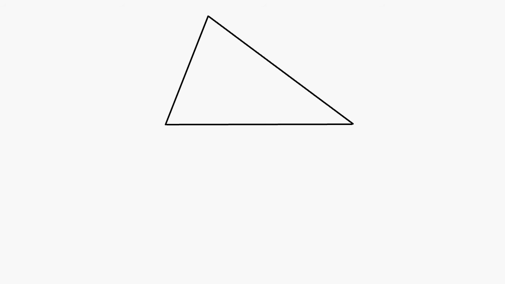Number 2 is another example of a midsegment. Your picture looks something like this. This side is 18, and this piece is 2x minus 3.